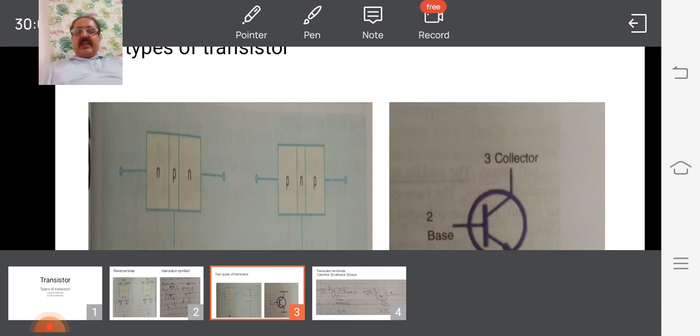As the base is lightly doped and very thin, only a few holes, less than 5%, combine with the electrons. How much remains? 95% remains. They cross into the collector region to constitute the collector current IC.